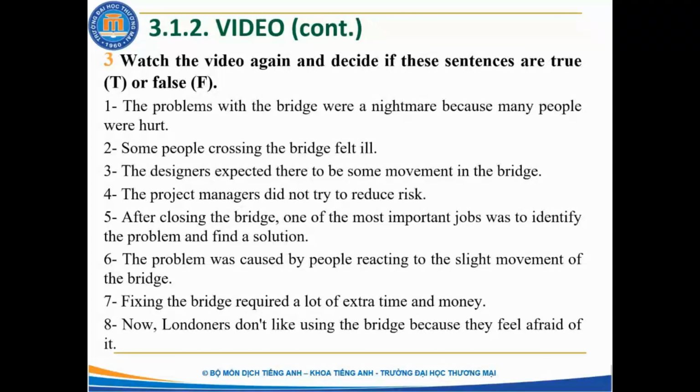After closing the bridge, one of the most important jobs was to identify the problem and find a solution. 6. The problem was caused by people reacting to the slight movement of the bridge. 7. Fixing the bridge required a lot of extra time and money. 8. Now, Londoners don't like using the bridge because they feel afraid of it.